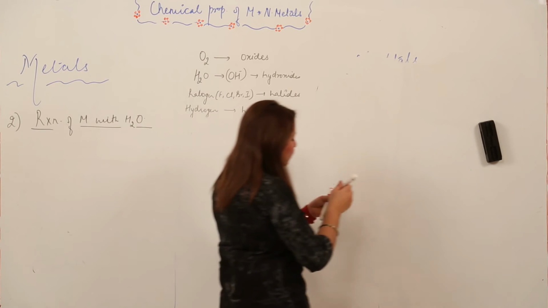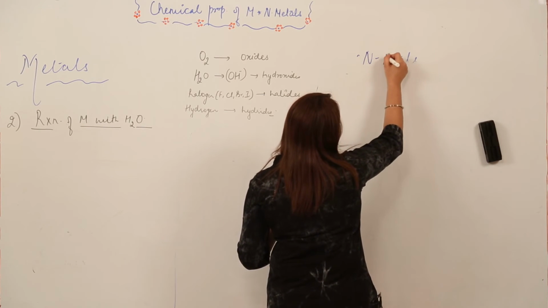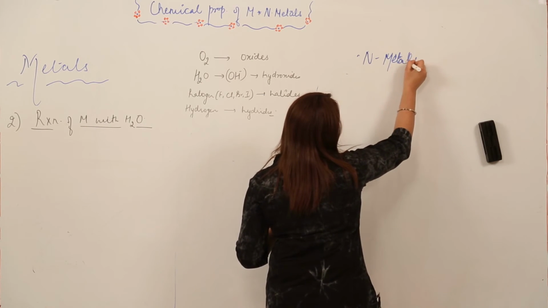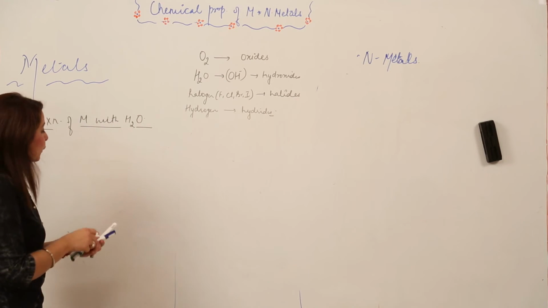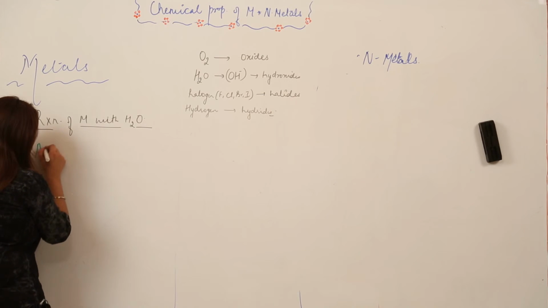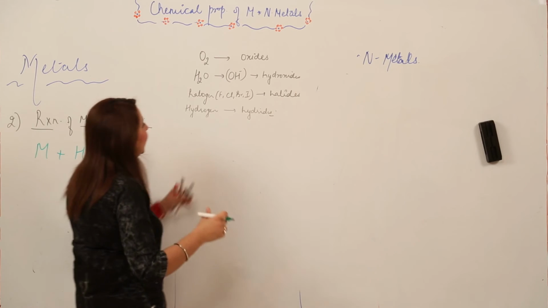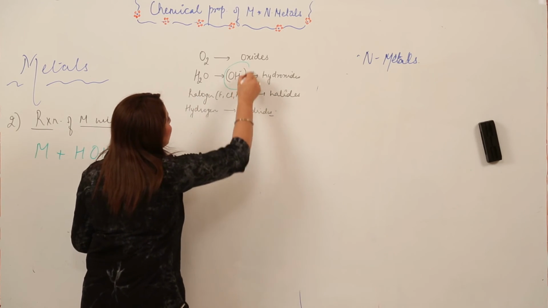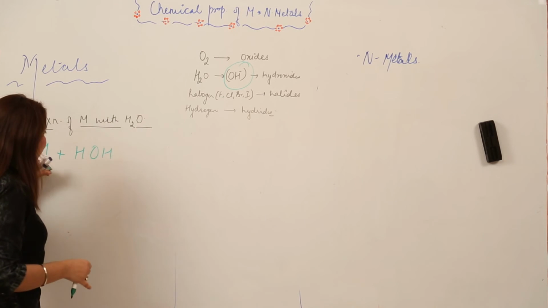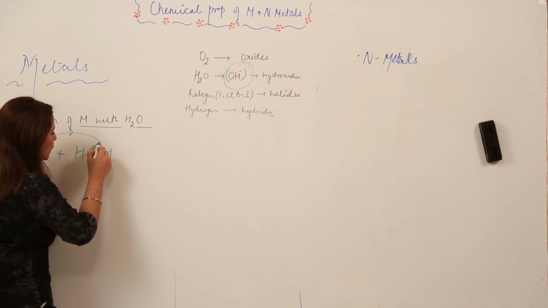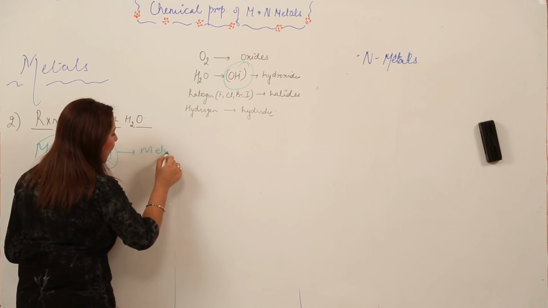When a metal reacts with water, as I told you, when something reacts with water, it gets crisscrossed with the hydroxide ion. The same happens in this case. When a metal reacts with water, it gets crisscrossed with this hydroxide ion and leads to the formation of metal hydroxide.